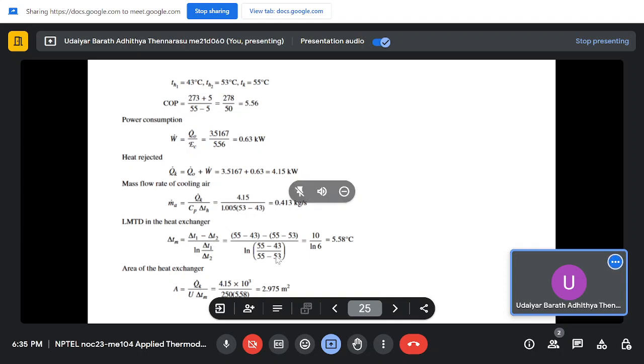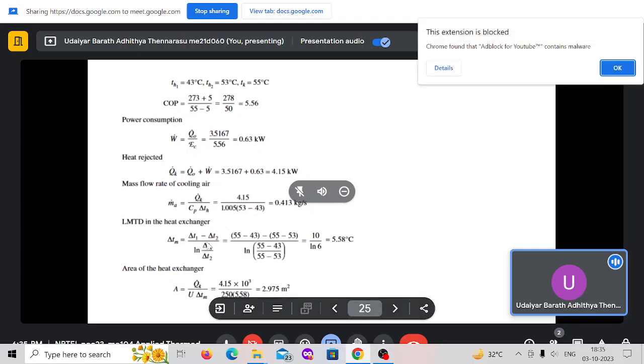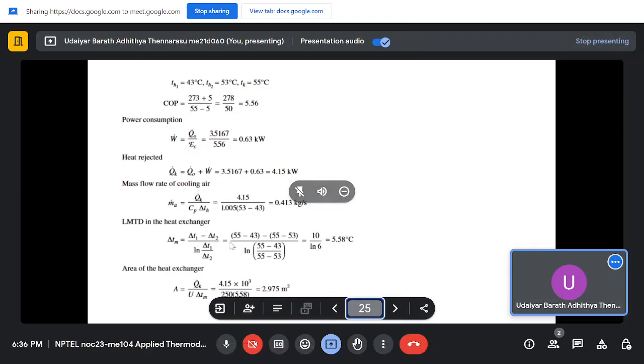Using that, you can find the logarithmic mean temperature difference: delta T1 minus delta T2 by ln of delta T1 by delta T2. Substituting that, we find that the mean temperature difference between the streams is 5.58 degrees Celsius.